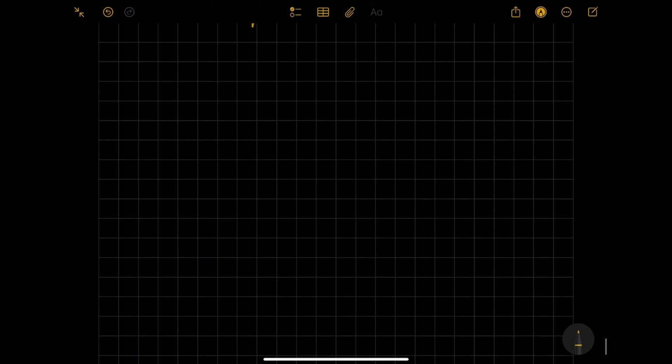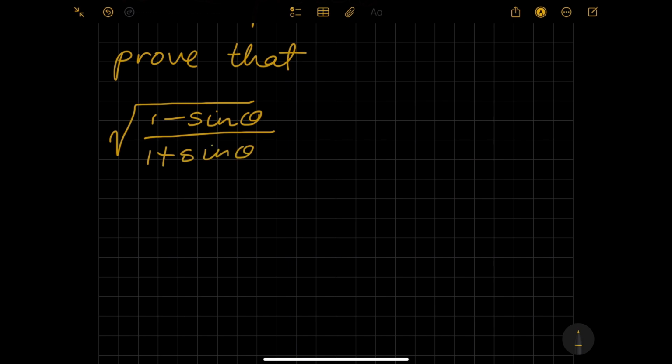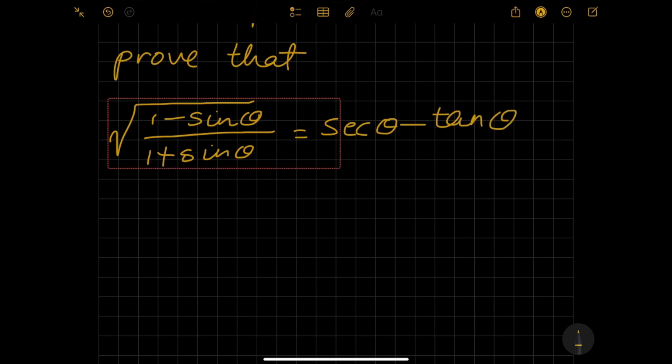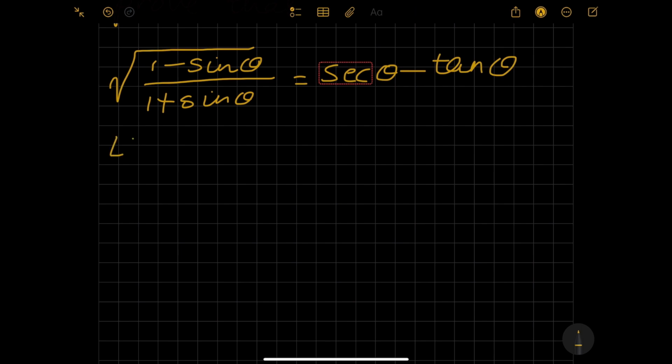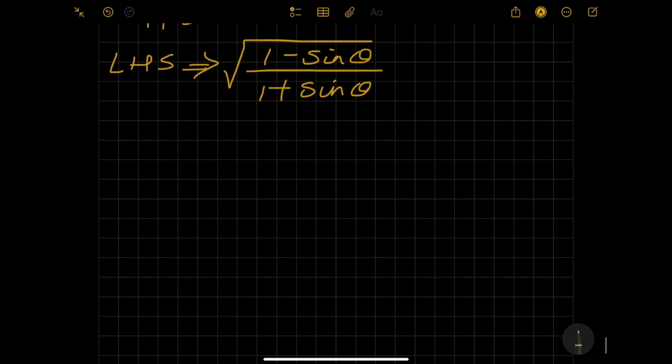Okay, now the next one. Again, prove that the square root of (1 subtract sin theta) divided by (1 plus sin theta) gives us sec theta subtract tan theta. Now to prove this, again taking the LHS, which is the square root of (1 subtract sin theta) divided by (1 plus sin theta).